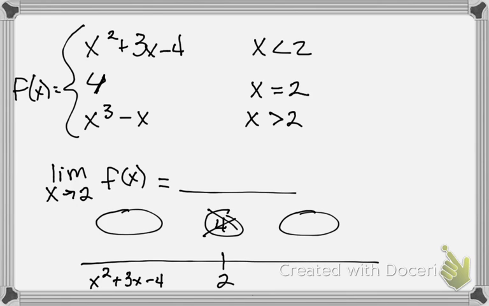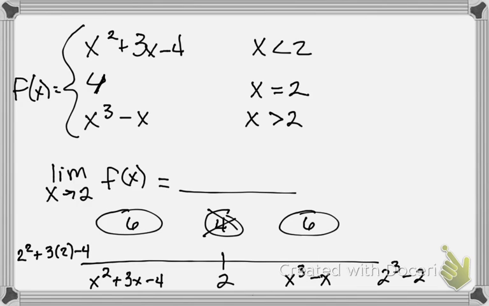So when we plug 2 in, 2 squared is 4, plus 3 times 2 is 6, minus 4 is 6. So the graph approaches a value of 6 on that side. Over here, x to the third minus x: 2 to the third minus 2 is 6.